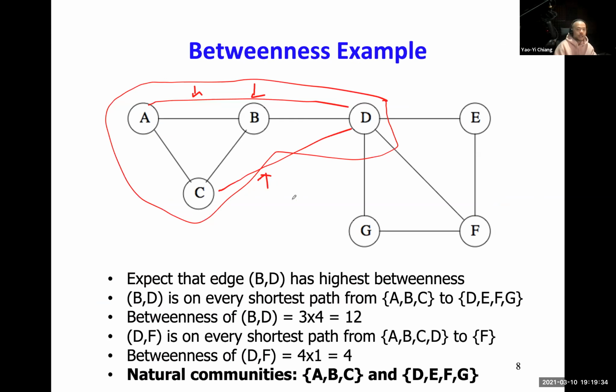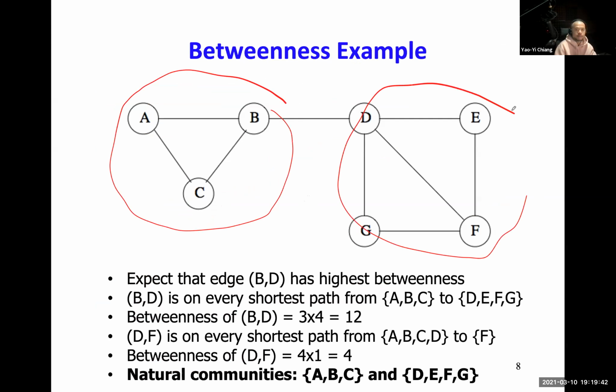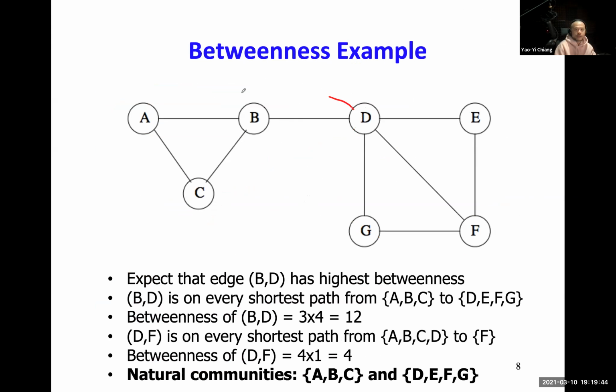So you are saying that we have one community here, we have another community here, right? Great. What if I add one more edge here and add one more edge here? What would be the communities that you can identify or you want to identify?